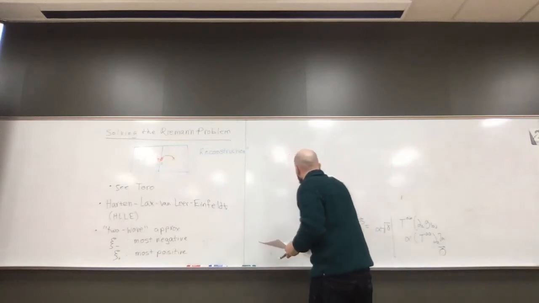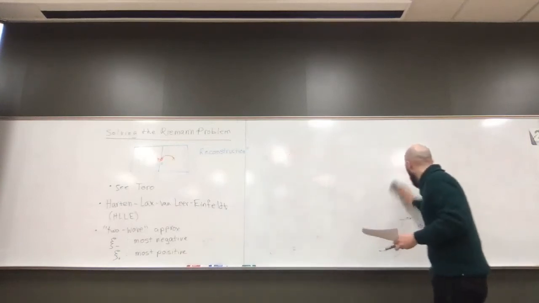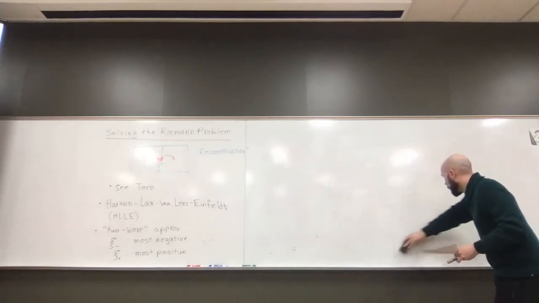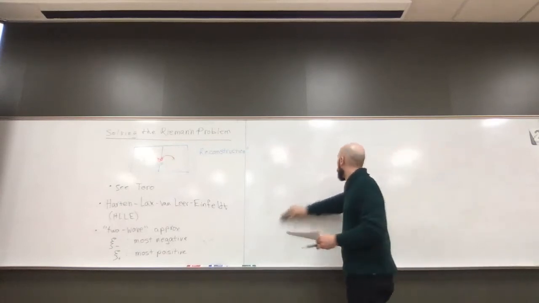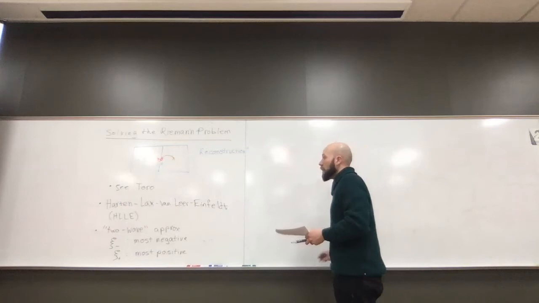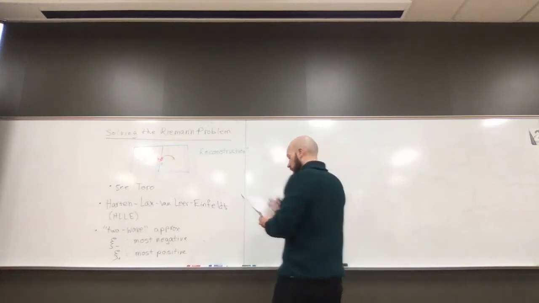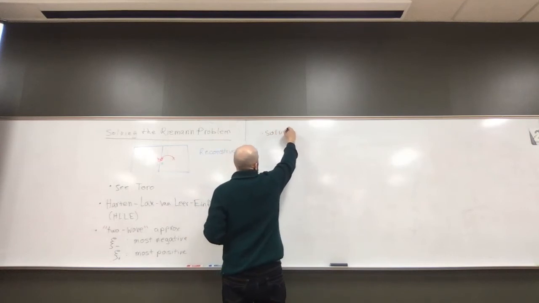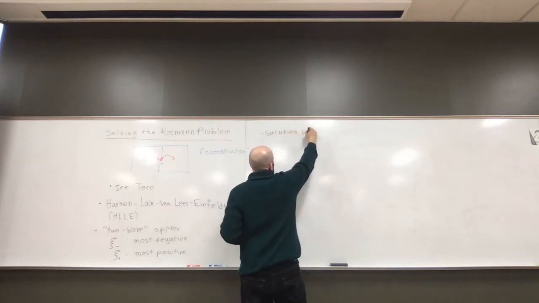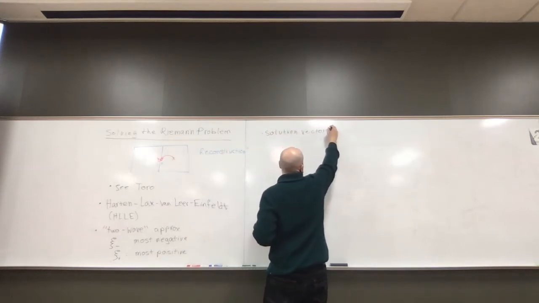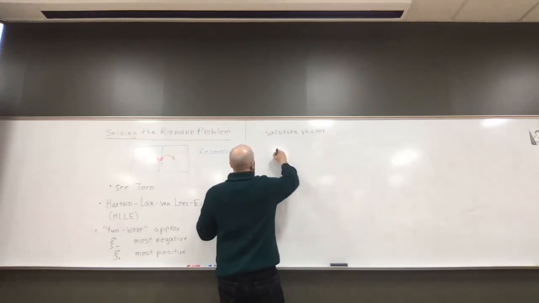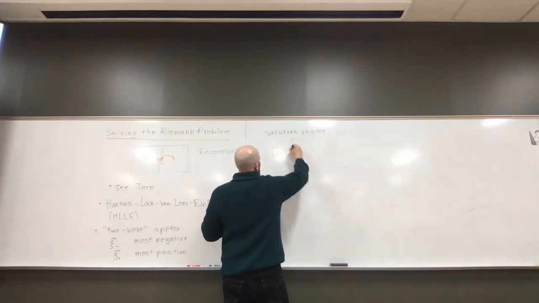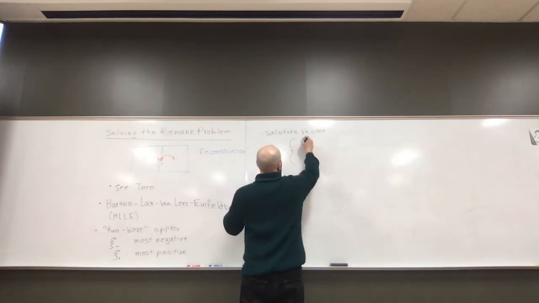All right. Now, HLLE is actually very simple from here. Won't go through all the math of the derivation. You can go and look at Toro if you're very interested. But we'll assume this about the solution vector. Make some definitions based on our left and right states. So U, our solution vector, is going to be equal to the following.